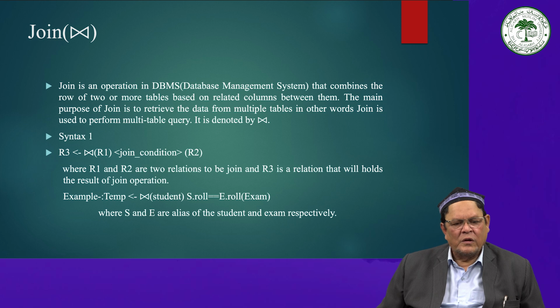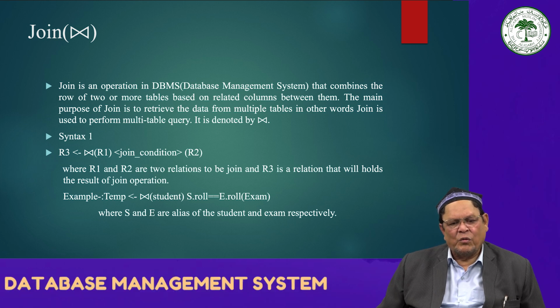For example, temp holds students bow tie S.roll number equals E.enrollment exam, where S and E are the aliases of the students and exam tables respectively.